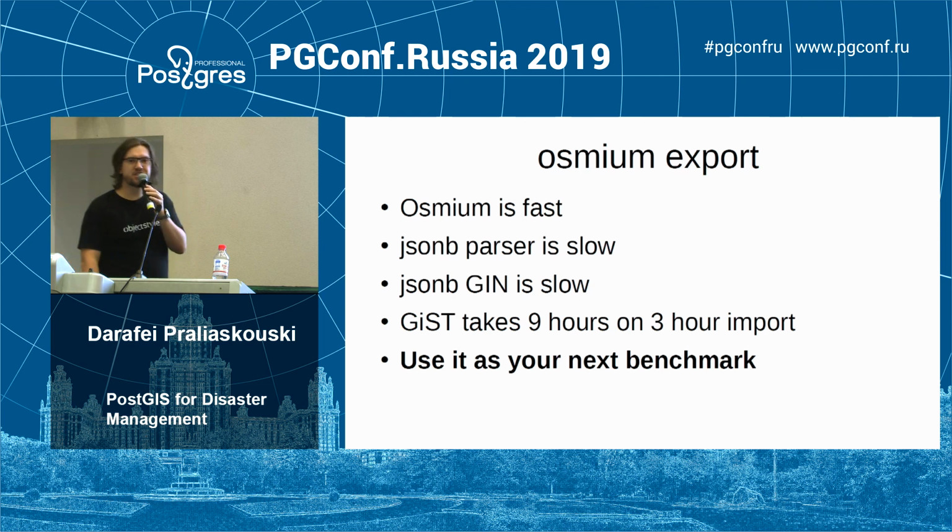Now a couple of words about problems. It's a brand new approach towards data processing. It looks like Osmium is fast itself. A 40 gig planet can be processed in a couple of hours and then converted to CSV, so I could use it in Postgres.